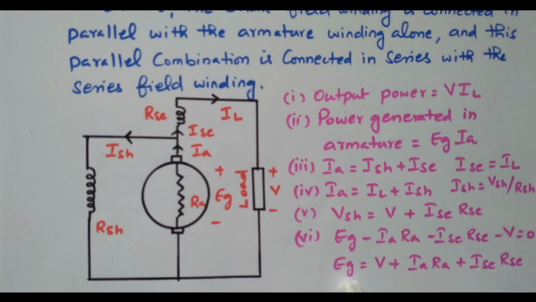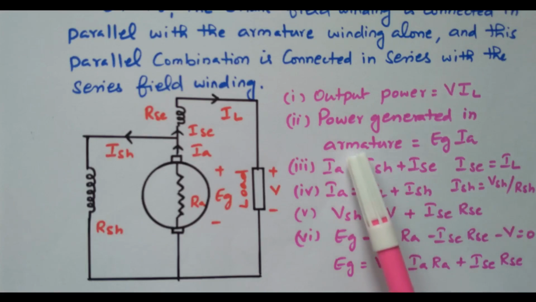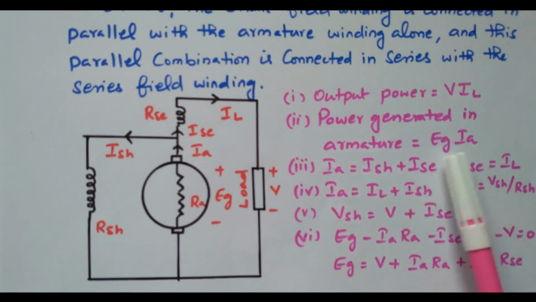The generated voltage is not fully available at the load terminal. Some of the voltage will be dropped across the armature resistance, some across the series field resistance. After this drop, the remaining will be available at the load terminal, right? The output power equals V into IL. The power generated inside is EG into IA.